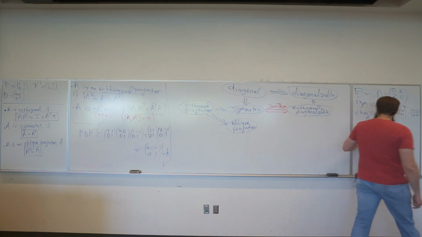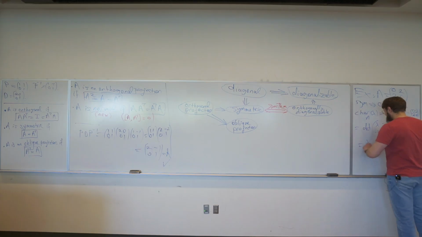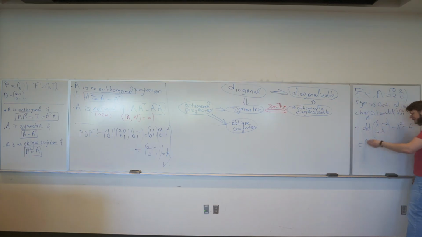So what is this? This is the determinant of this matrix, which is lambda squared minus 2 times 2, giving minus 4, but you need to put a minus. Oh, there you go. One of the eigenvalues is 2, the other one is minus 2.